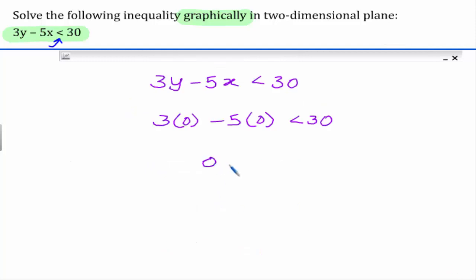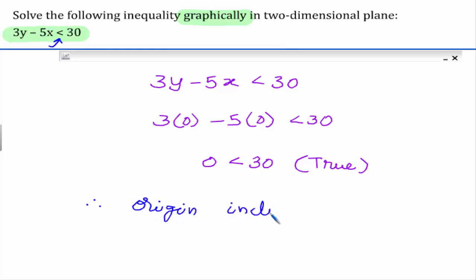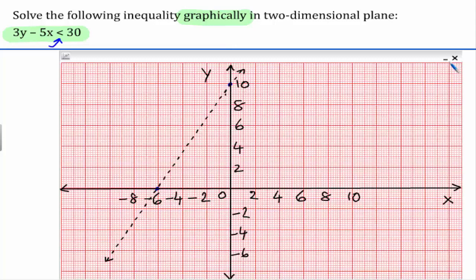So this will give us 0 less than 30, which is a true statement. Therefore, the point which we have selected, that is origin, includes the region. That means the region should be towards the origin.